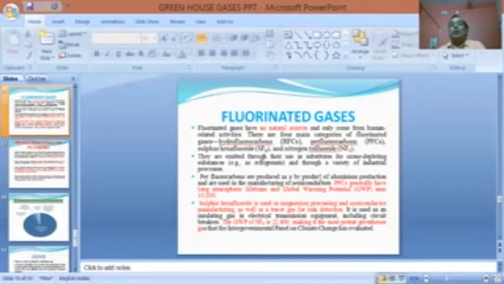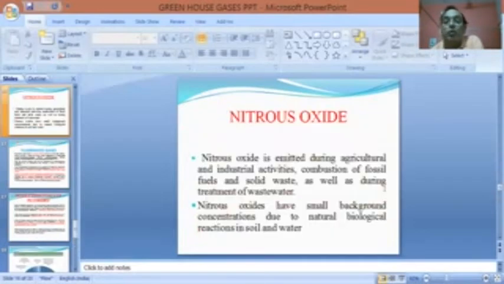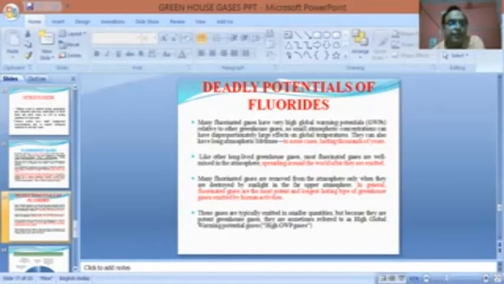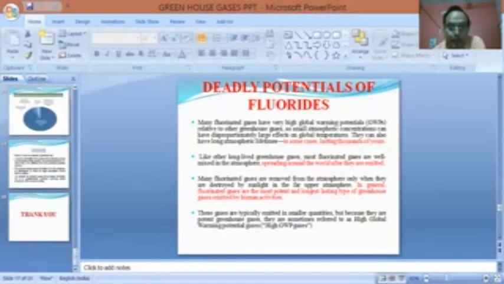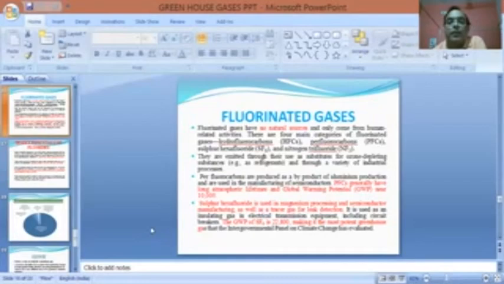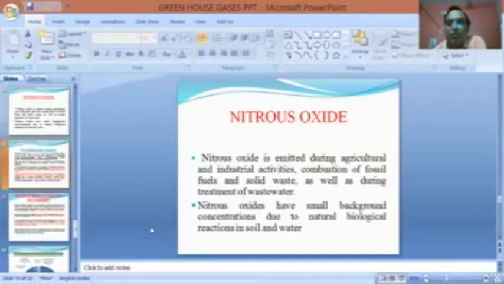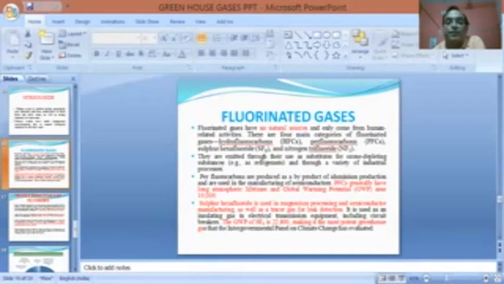They are contributed in aluminum production and in the production of semiconductors, and they have a far greater lifetime, and due to their greater lifetime, they have global warming potentials of near 10,000 or more than other greenhouse gases.